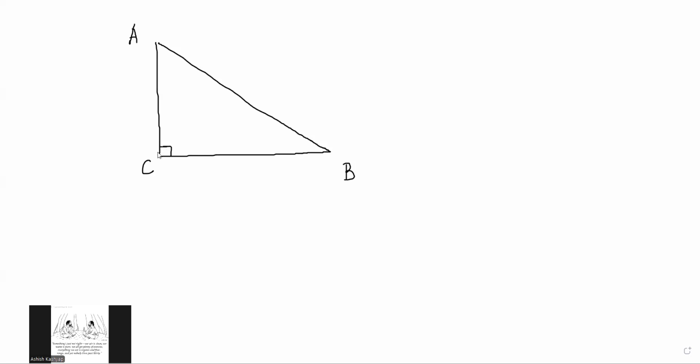ABC is a right angle triangle. Angle C is 90. The angle bisectors of angle A and angle B intersect sides BC and AC at P and Q. Angle A's bisector is intersecting here, and angle B's bisector is intersecting here.